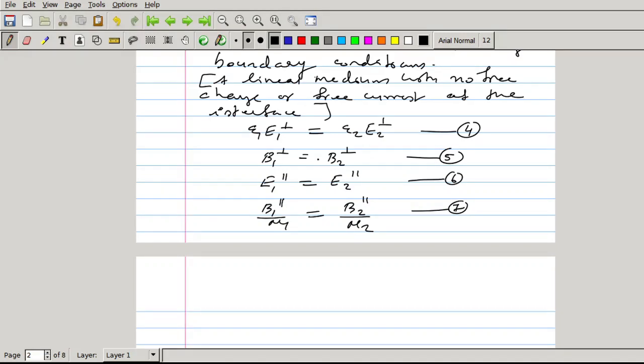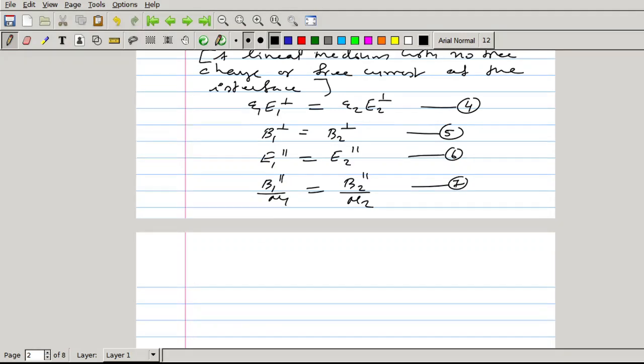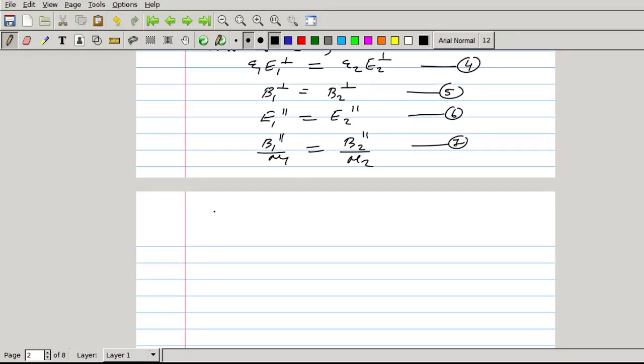So applying the first boundary condition, epsilon1 E1 perpendicular, where E1 is E incident plus E reflected, its perpendicular component, the component perpendicular to the surface at z equal to 0, should match with epsilon2 times E2, and E2 is E transmitted.